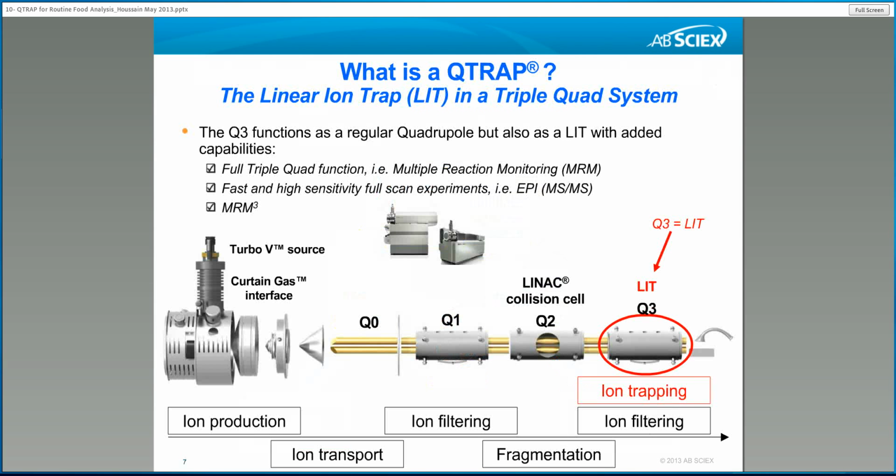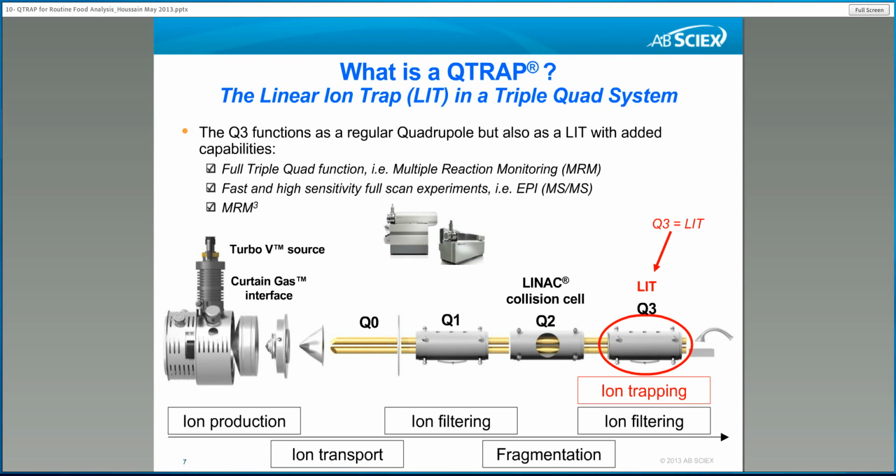First, a little background on the QTRAP technology and what makes a QTRAP different from a triple quadrupole system. The fundamental difference is the linear ion trap. In a QTRAP system, the quadrupole Q3 is able to function as a regular mass filter, but also able to function as a trap.